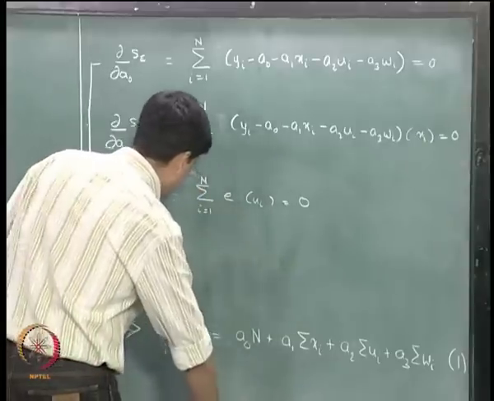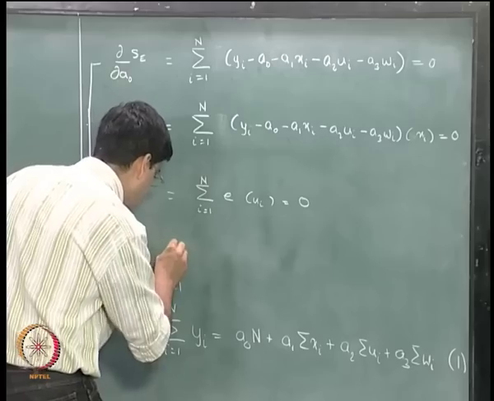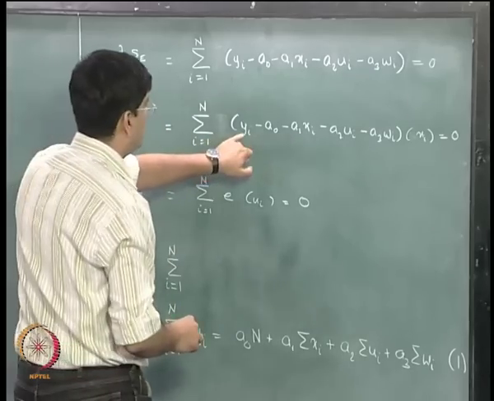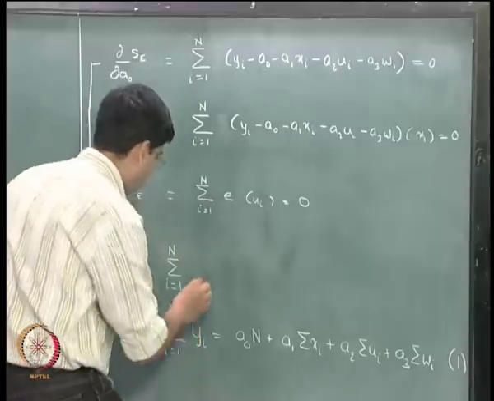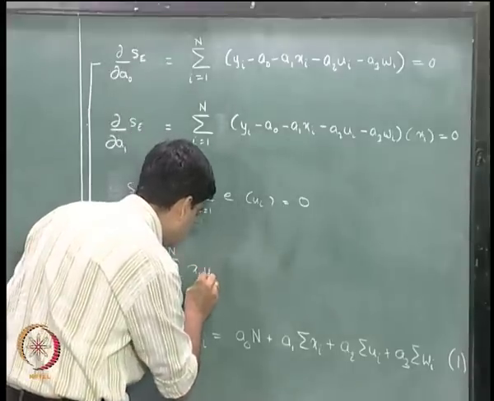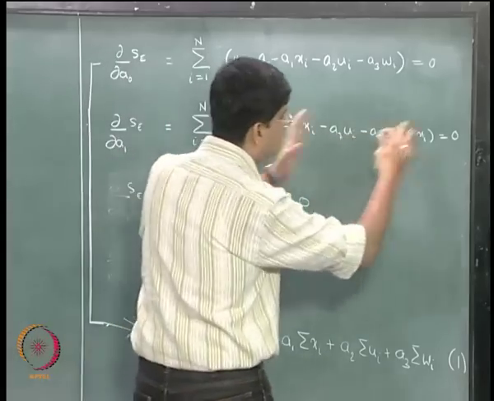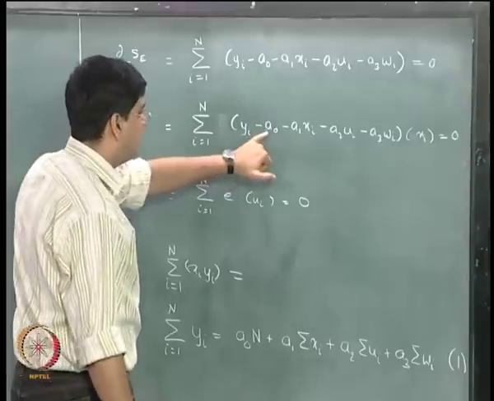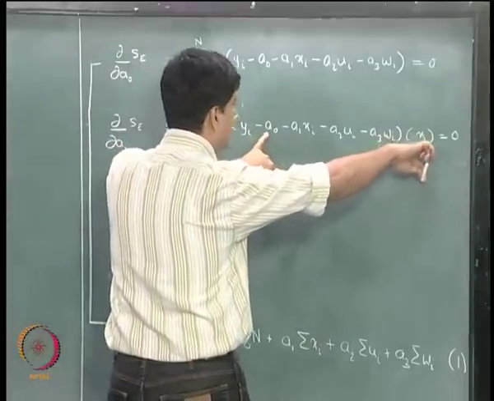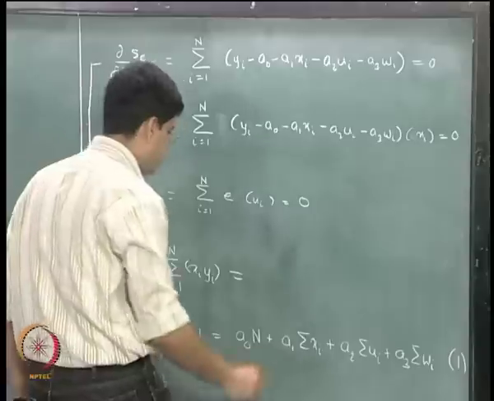Our second equation is going to be summation i equal to 1 to n, yi multiplied by xi will come over here. Summation xi yi is going to be equal to, all these terms will be taken to the right hand side, and we will have a0 multiplied by xi, summation from i equal to 1 to n, a0 can come out of the summation sign.